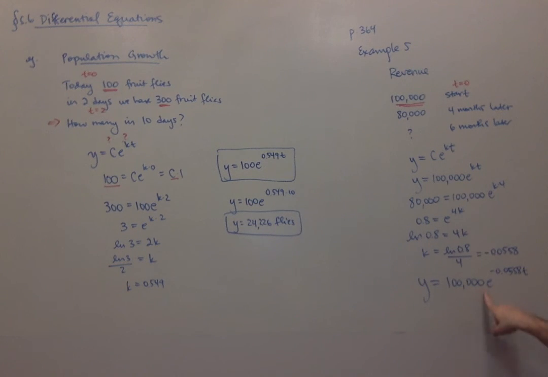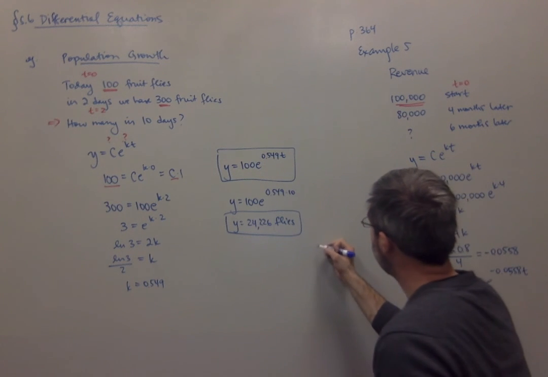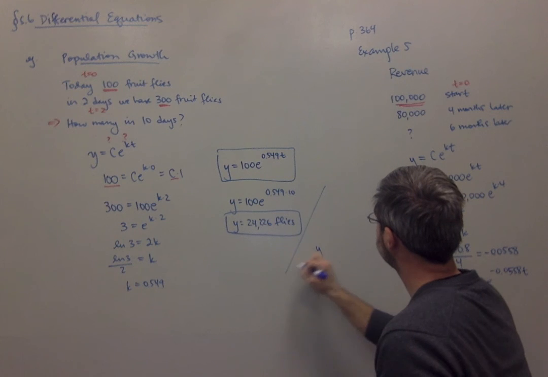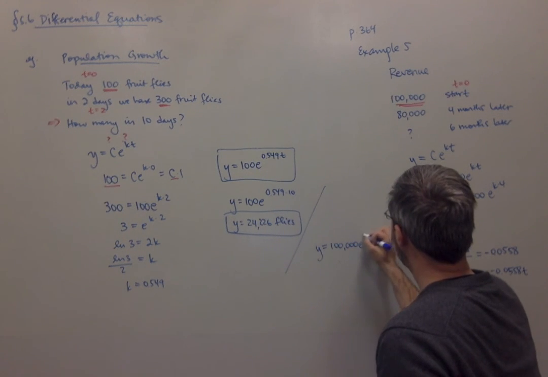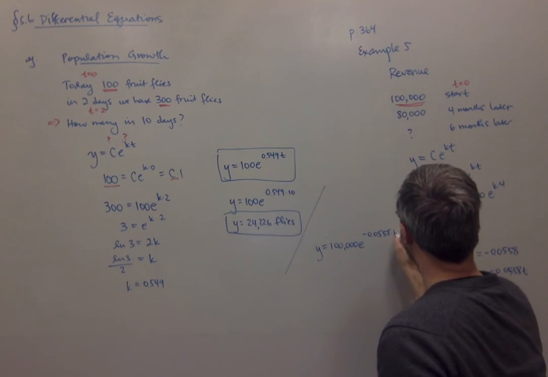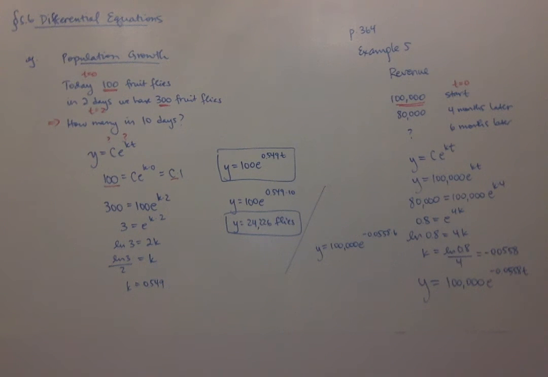Now what I'm going to do is take this information and plug in, instead of 4, I'm going to plug in 6 and see what I get. So y equals 100,000 e to that number times 6. We're just going to plug that in our calculator and see what we get.